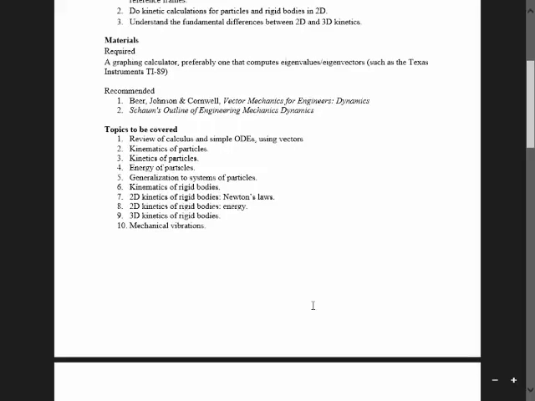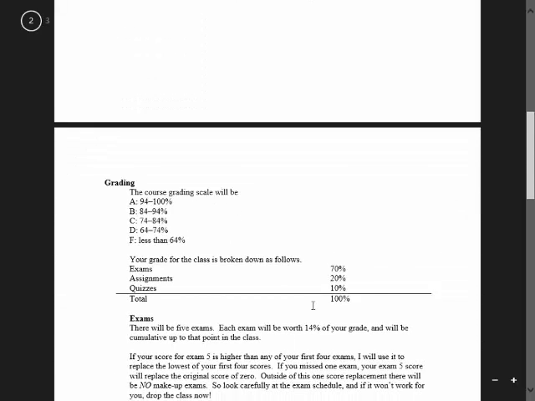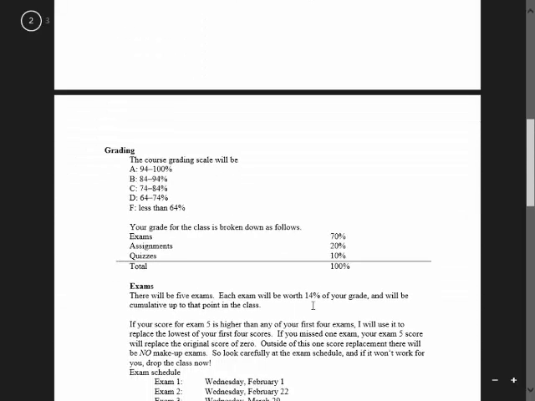And then there's the topics. The grading scale looks a little high. The cutoffs are 94, 84, 74, 64. I have never really understood why so many engineering classes have such low curves. To me, as an engineer, there's nothing more important than having a clear distinction in your mind between what you know and what you don't know.